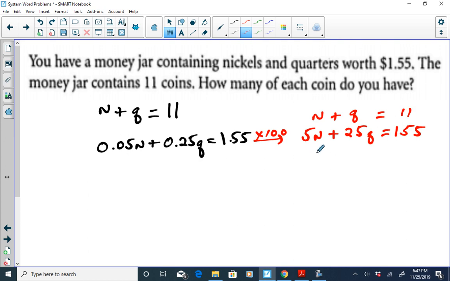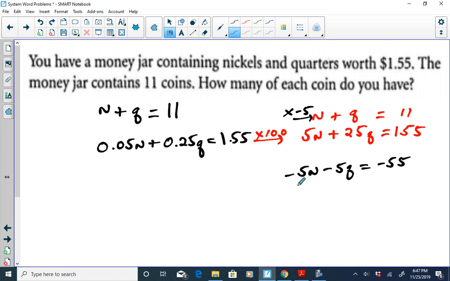Now, if we want to eliminate, I'm going to take this equation here and multiply that equation by, let's do -5, so that we can eliminate with addition. So that top equation becomes the following: -5n minus 5q, that's going to be equal to -55.